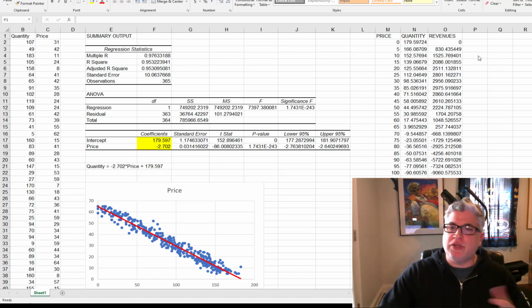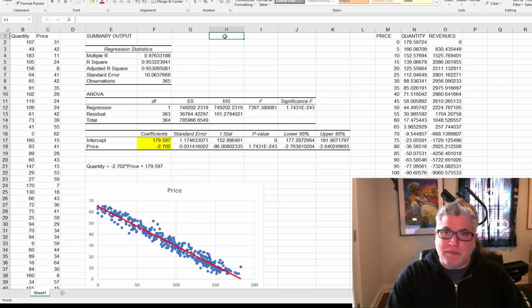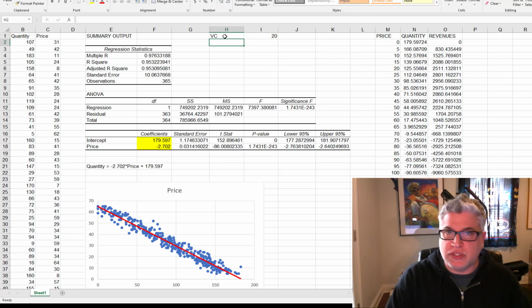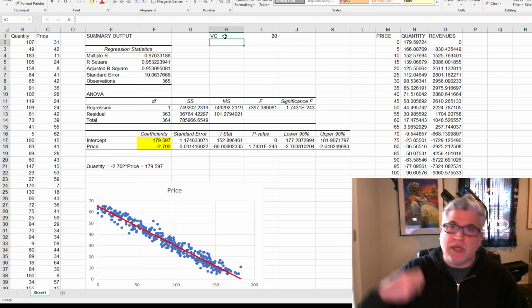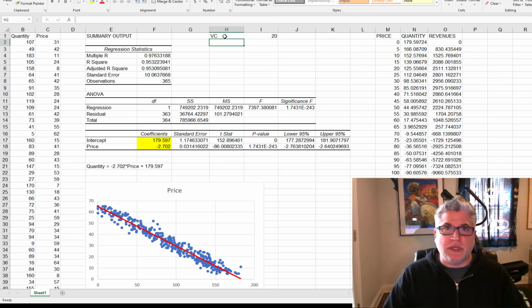Now let's just suppose, for the sake of making this video brief, that somehow we know that each widget has a variable cost of $20. So every single widget that we produce takes some raw material or some labor, whatever, it costs us $20 to produce.